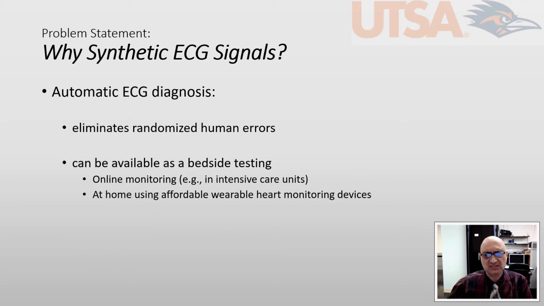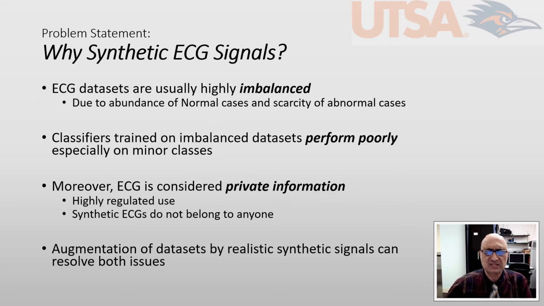Automatic ECG diagnosis can eliminate the random human error, and it can also be available online or very cheaply at home. ECG datasets are usually highly imbalanced due to the abundance of normal cases and scarcity of abnormal cases.